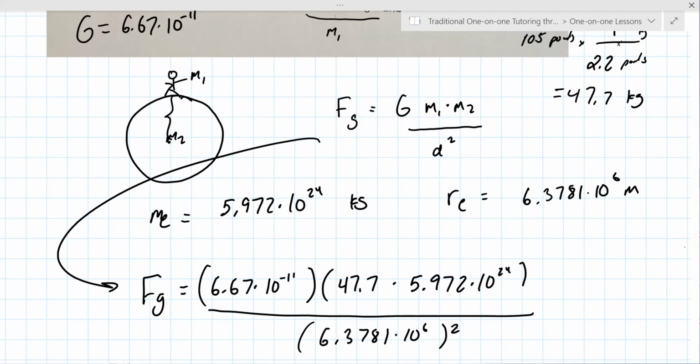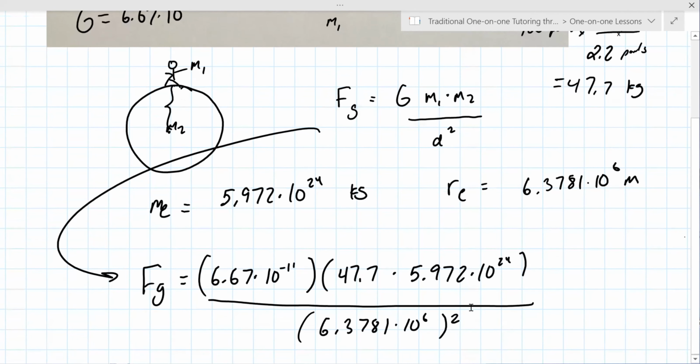Would you like me to show you on the calculator how to enter all this? Yes, please. Okay, let me get my calculator out. I'm going to share that screen and enter exactly what's here, but you have to do it all at once. It's not really practical to try to do it in pieces, unfortunately. The reason I put the parentheses here is to isolate the terms. Share that screen, new share.